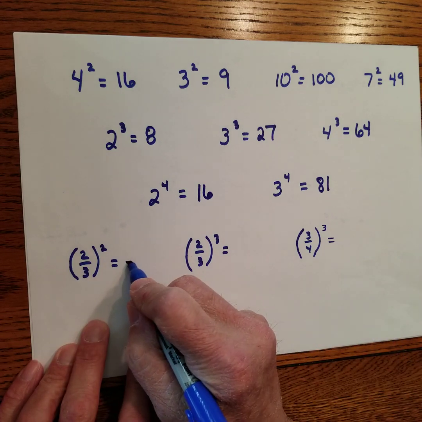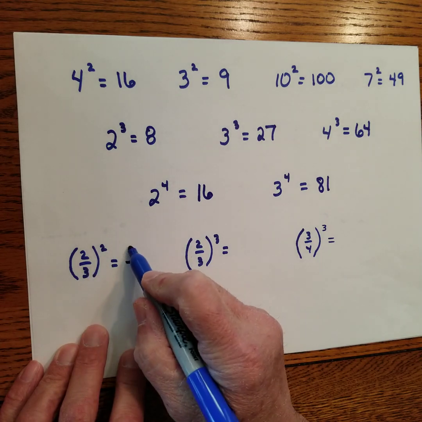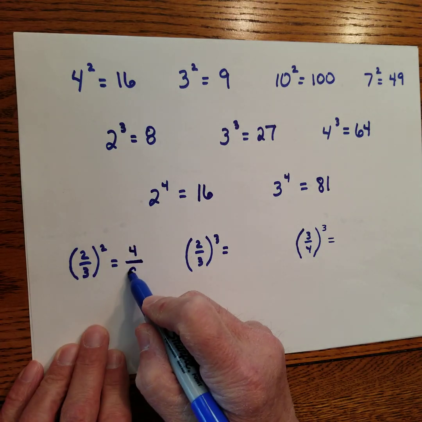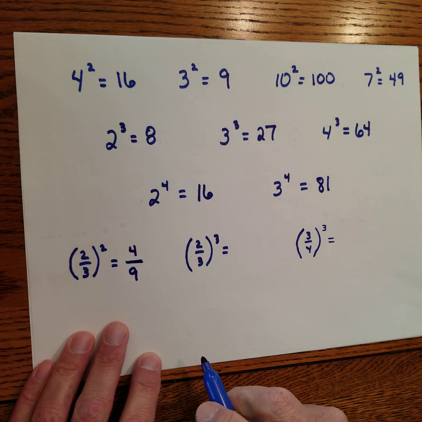Squaring fractions is easy. You square the top, you square the bottom. 2 squared is 4. 3 squared is 9. 2/3 squared is 4/9.